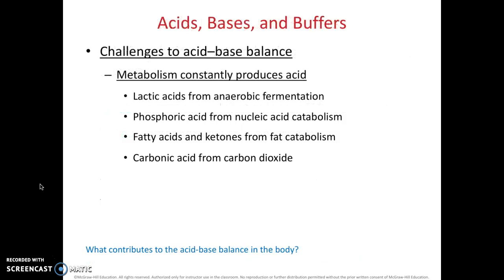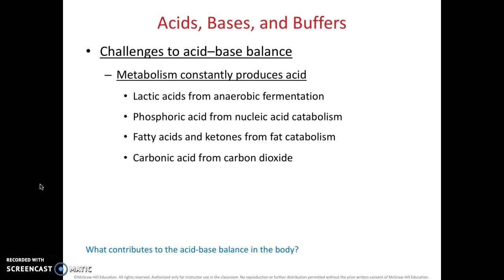So a challenge to maintaining acid-base balance throughout the body is that metabolism is constantly producing acid. We talked about lactic acid before, from anaerobic fermentation, which could build up in the cells. And then there's also phosphoric acid from nucleic acid catabolism, and fatty acids and ketones from fat catabolism.